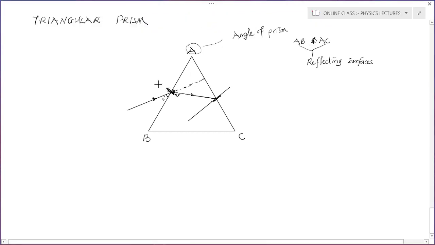Put it here at our normal. Now at the normal, from here, see what happened. I believe you can see what is happening here.